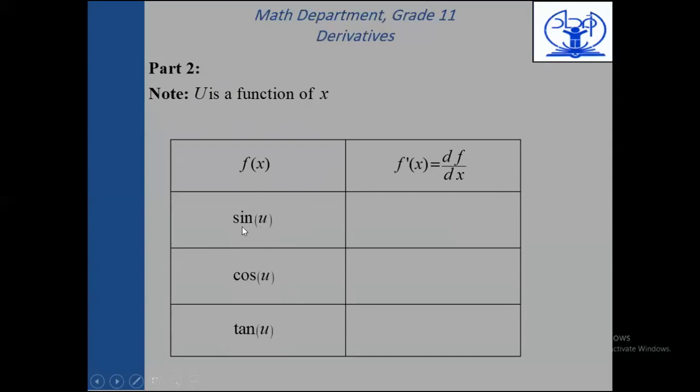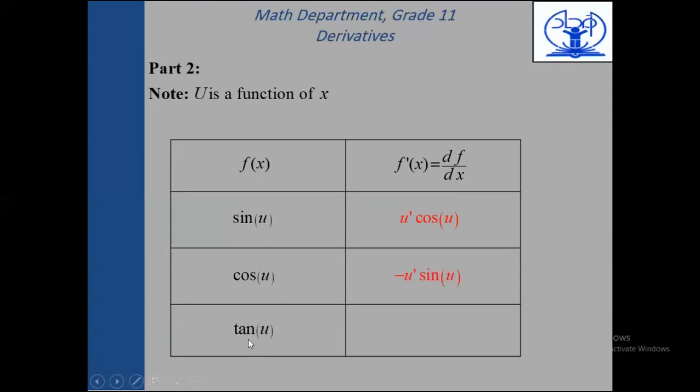Since the derivative of sine x is cosine x, you should expect that the derivative of sine u is very similar. The derivative of sine u is simply cosine u, but the only difference is that you need to multiply by u prime. Since the derivative of cosine x is minus sine x, then the derivative of cosine u will be minus sine u, but you multiply by u prime.